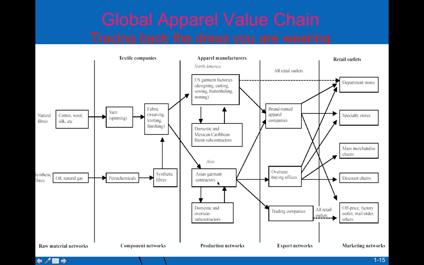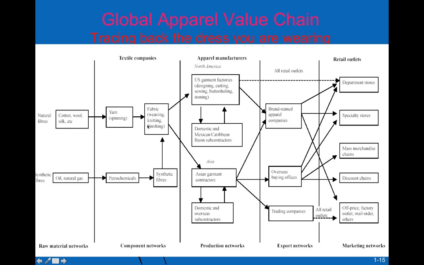In Asia, like Hong Kong is very popular, of course, parts of China, Malaysia, and so on. Singapore, you would have Asian garment contractors, domestic overseas contractors, and then the textile companies could come from anywhere. They could come from Korea, they could come from Japan.